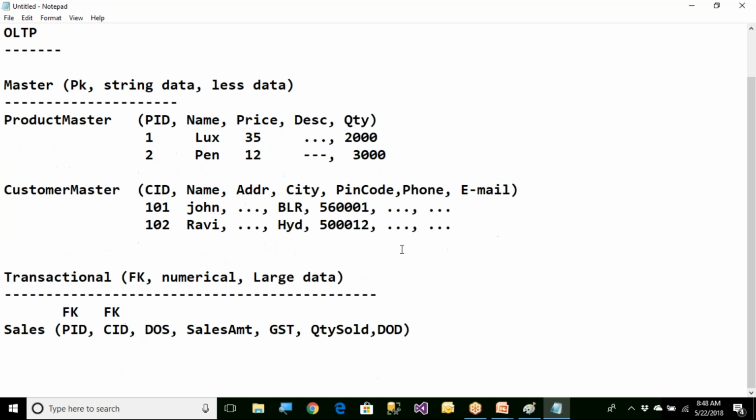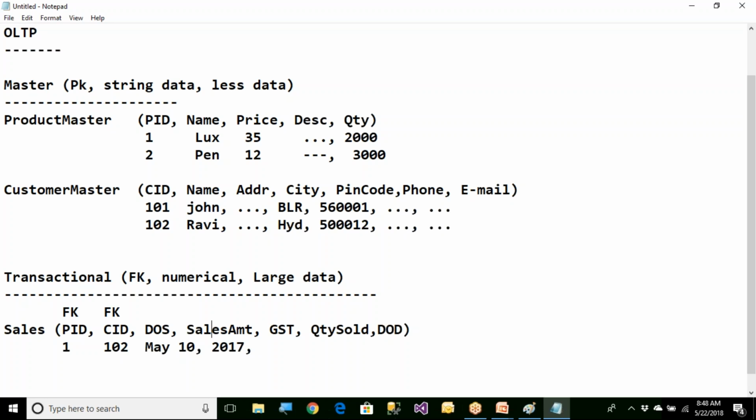Okay, now once they get registered, the next step is that people are going to be buying a lot of products. So say product number one is purchased by customer number 102, that is Ravi. The date of sales is, let us say, May 10th, 2017.